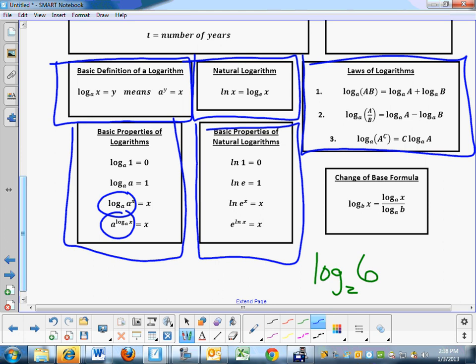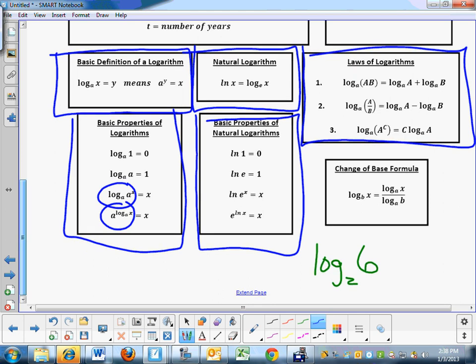We're going to do change of base today, but this is the one right now I want you guys to focus on, right here. Log base a of a to the x is an inverse operation. We talked about that yesterday, and you're just left with the x. A to the log base a cancels off, and you're just left with the x.